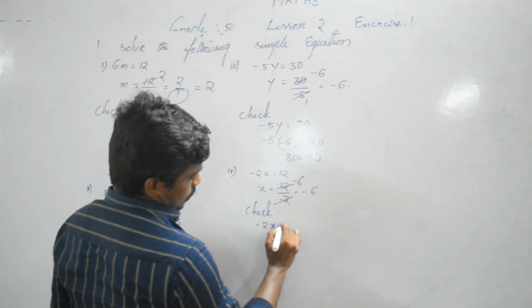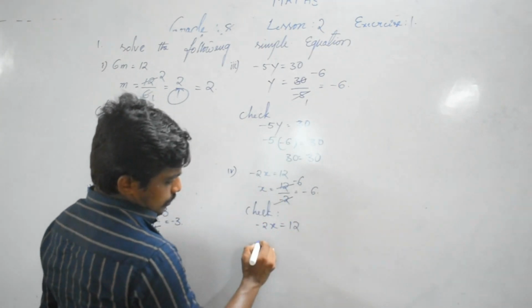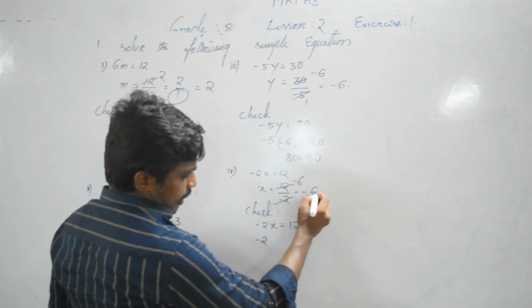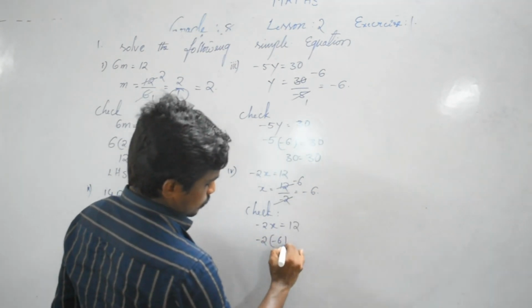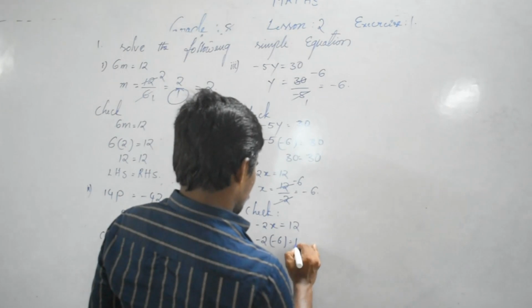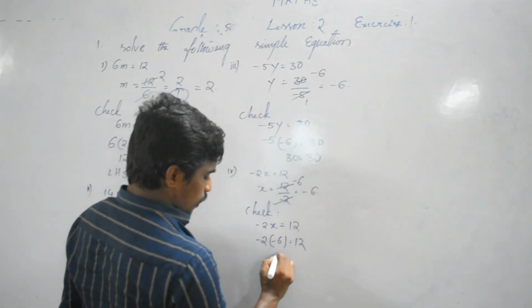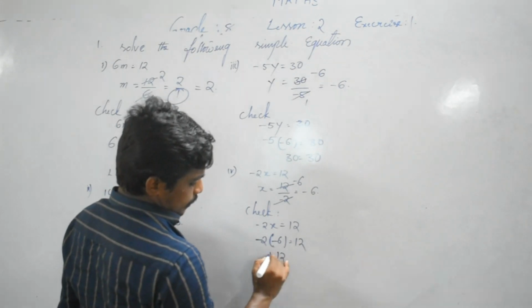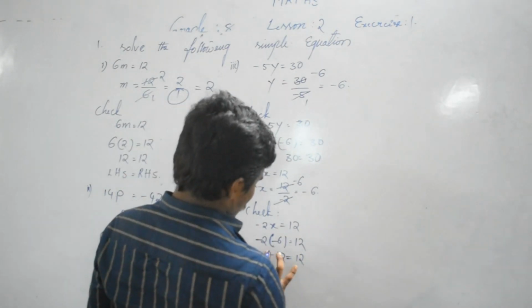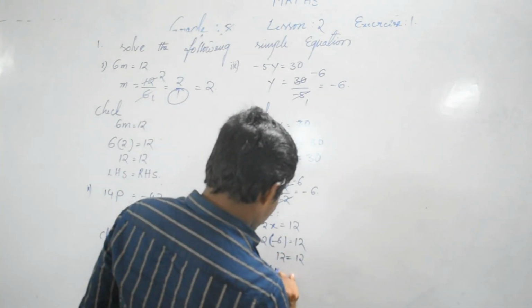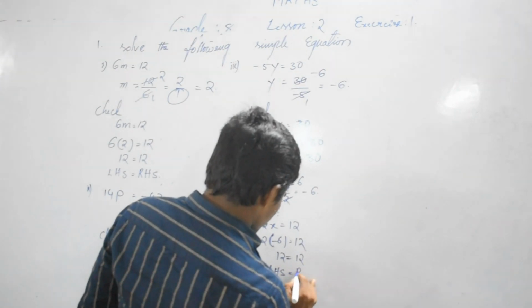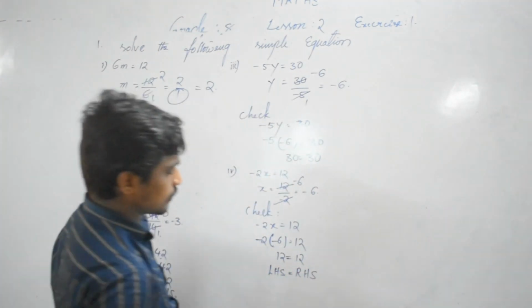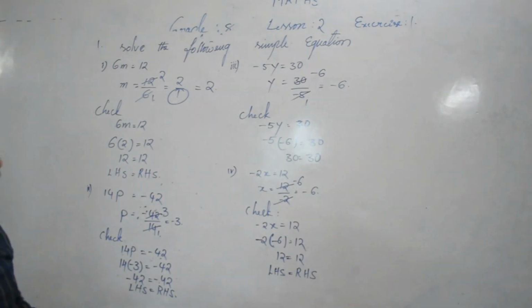Minus 2x equal to 12. Minus 2, x value minus 6. So 12. 2 sixes are 12. Minus into minus plus 12, plus 12. LHS is equal to RHS. Both are equal.